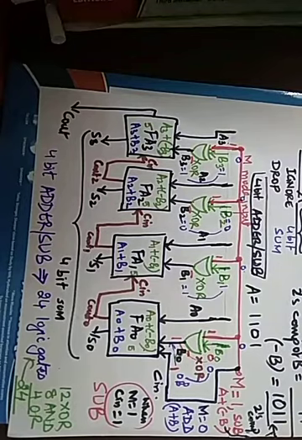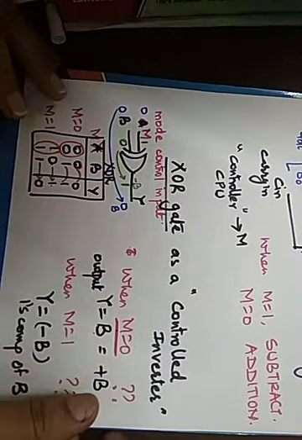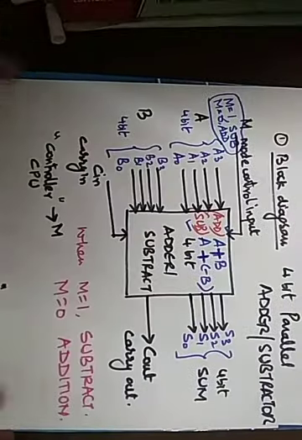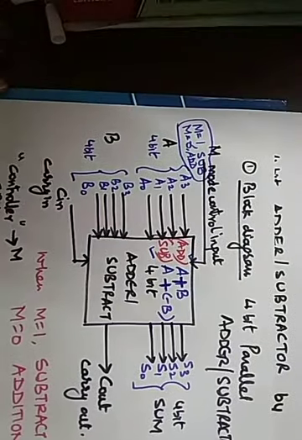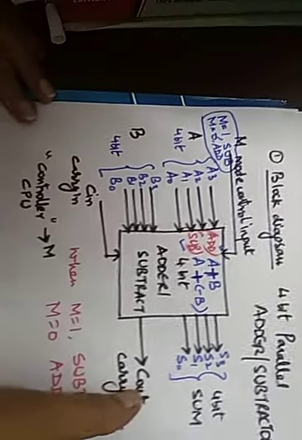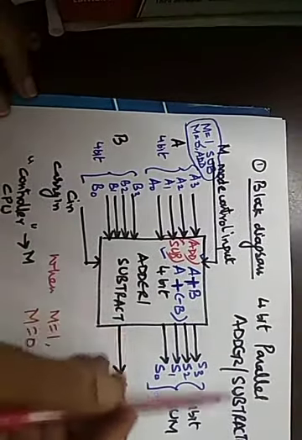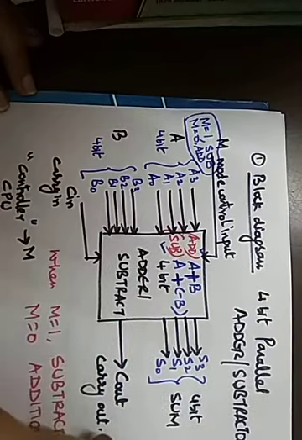To summarize our class, let us just start from the beginning, which was the block diagram. We first saw the block diagram of the 4-bit parallel adder subtractor.